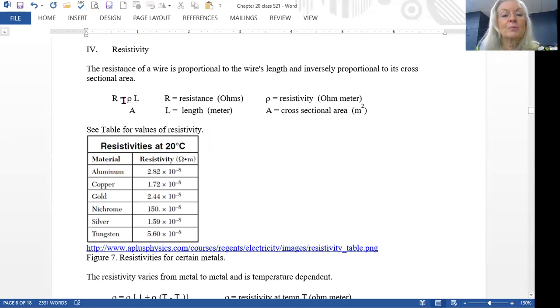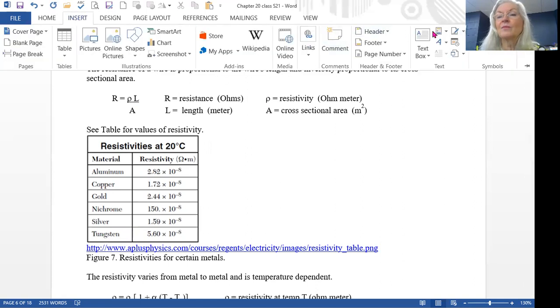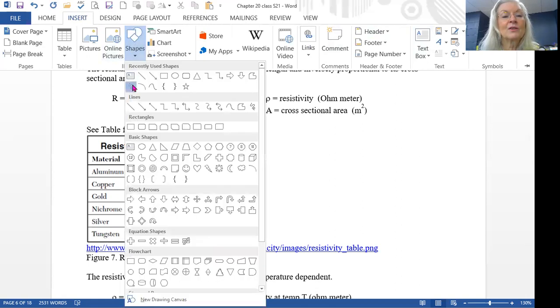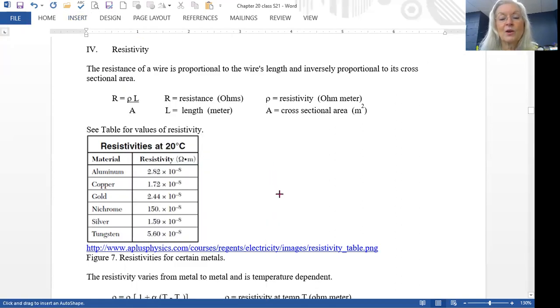So if you look at this, please remember that the rho looks a little like a P, but normally the tail comes from down below. So let's see if we can draw one just free form for you. To draw it, I would start below the line, come up and around, and there. And boy, that's a pitiful looking rho.